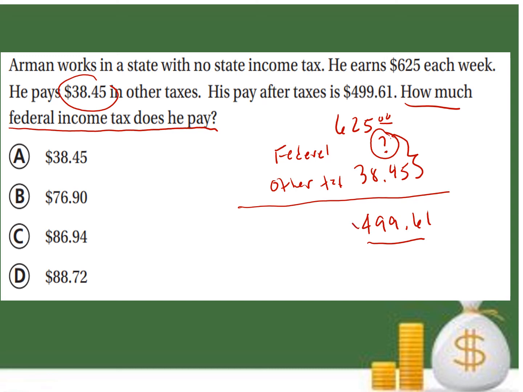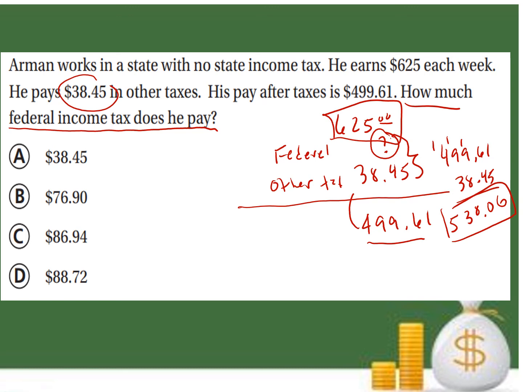So if we add these two numbers up, $499.61 and $38.45, I get $538.06. I subtract that from $625.